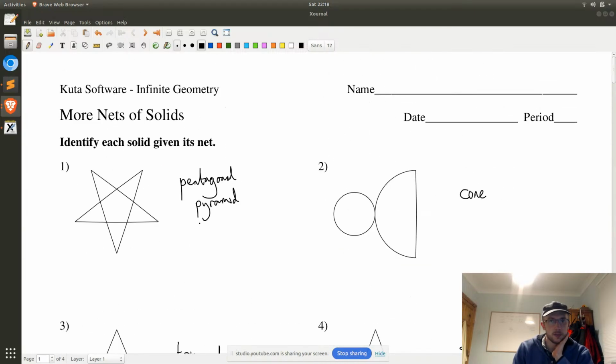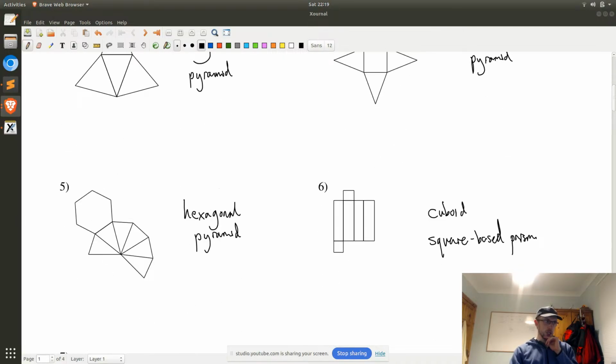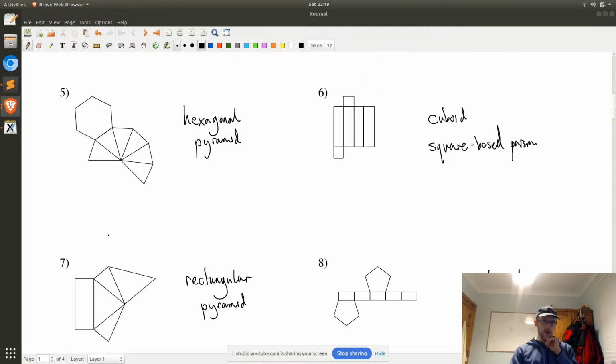Wait. Okay. Square base. Ugh. It's that rectangular prism. They clearly look like squares, but gotta correct it.